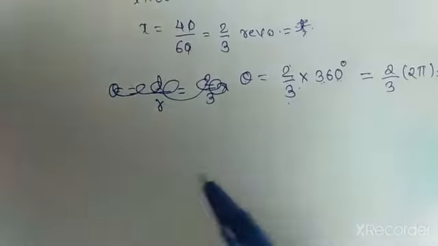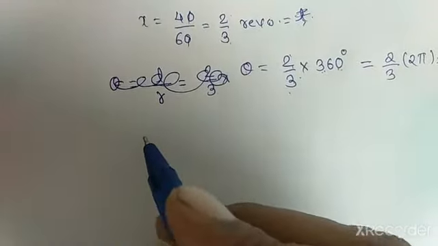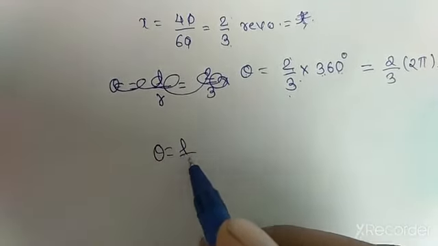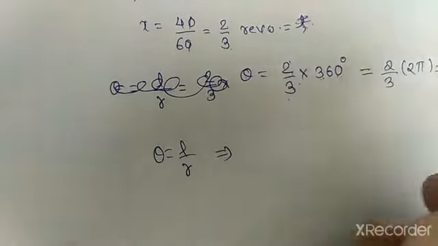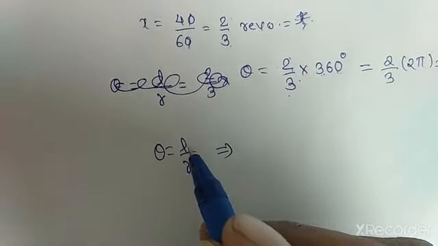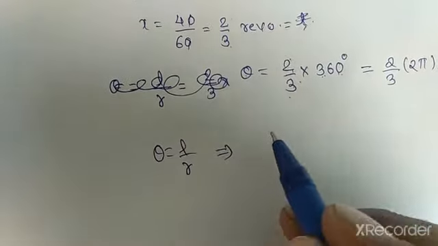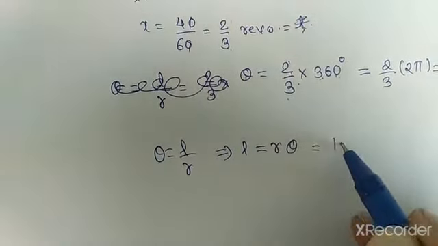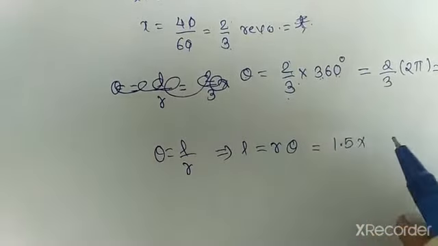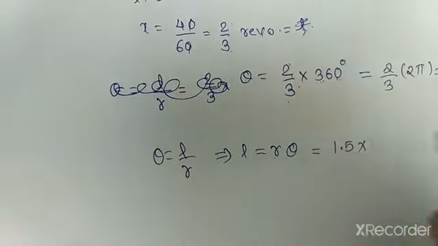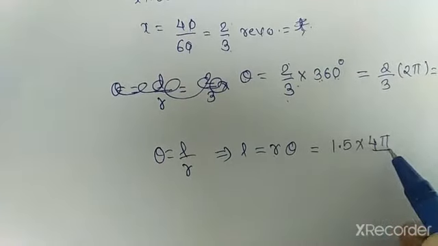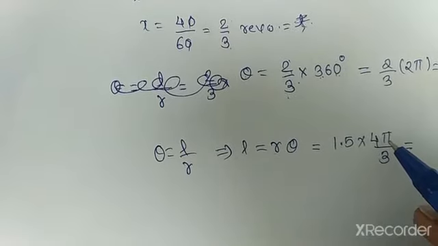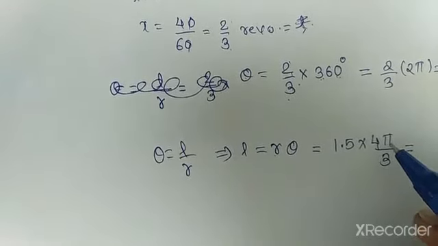Now we know that theta is equal to L upon R, and here theta is given, we have to find L. So L is equal to R into theta, which is equal to 1.5 into 4 pi upon 3. You have to consider the value of pi as 3.14.